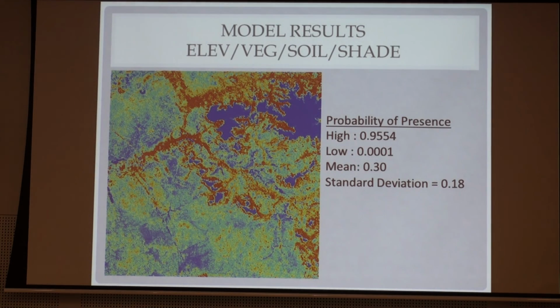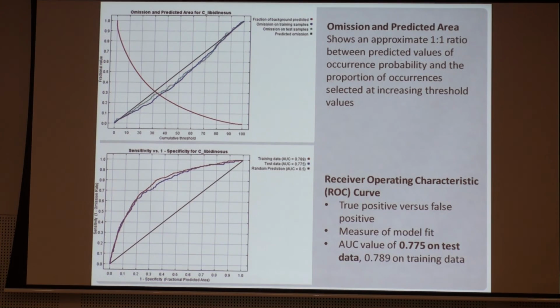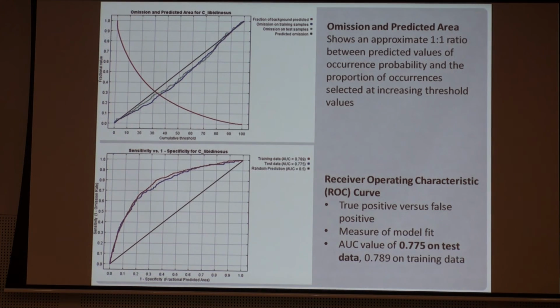So here's the output straight out of MaxEnt. We have a range of probability across the home range from 95% probability to nearly 0% probability of presence. A couple of model evaluators come from the MaxEnt model. We see omission versus predicted area, with increasing thresholds.